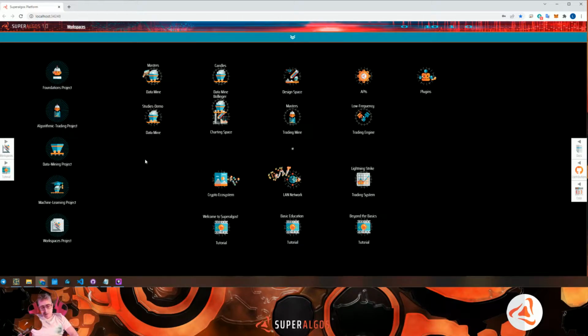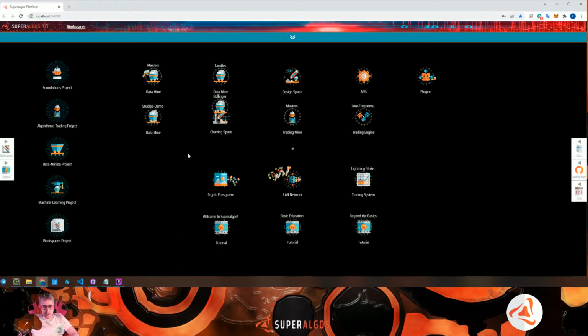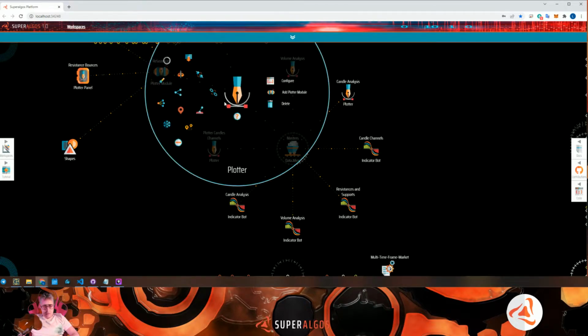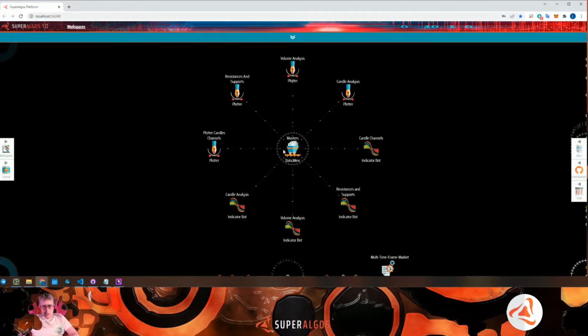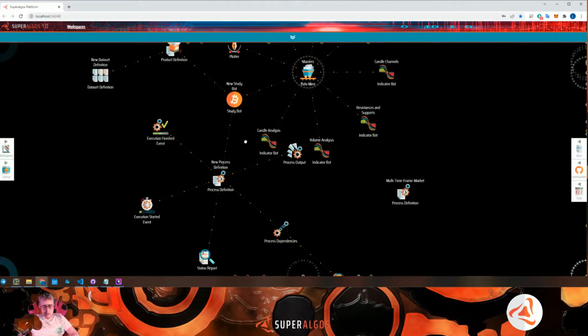But if you're going to go outside that chart, then now you have study bots, okay? So a study bot is something that you can add to your current data mines, okay? For example, here is a data mine with several indicator bots. I could come here and add a new study bot, okay?